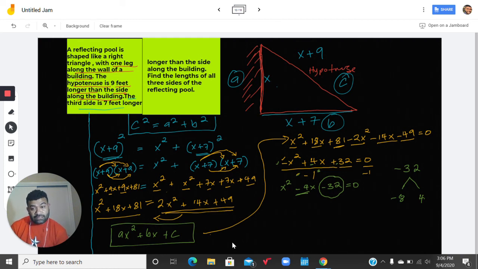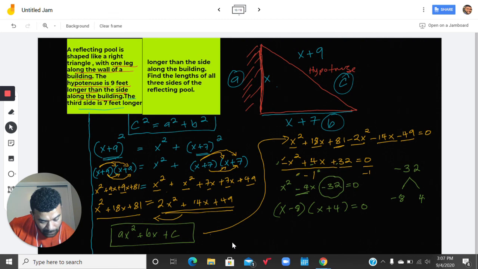So negative 8 times positive 4 gives me a negative 32, but negative 8 plus 4 is going to give me a negative 4. Now we got our two values, so now we found our factors. It's x minus 8 and then x plus 4, and it is going to be equal to 0. I hope that so far you're following.